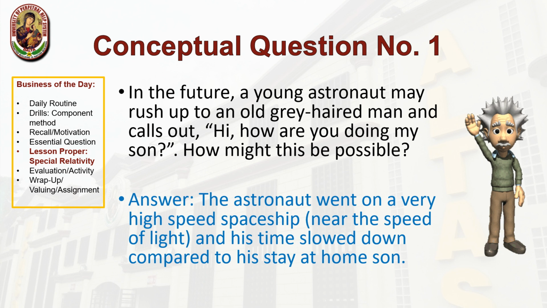Parang, if we're going to compare it to the ones that we're experiencing now, parang imposible naman talaga, di ba, na yung anak niya ay mas matanda pa sa kanya. Paano naging posible yon biologically?